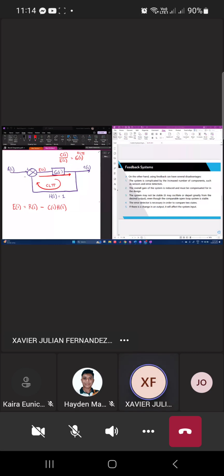Number 4, the error detector is necessary in order to compare two states. Your error detector is not an abstract component. You have to find a physical implementation of the error detector. And lastly, if there's a change in output, it will affect the system input.